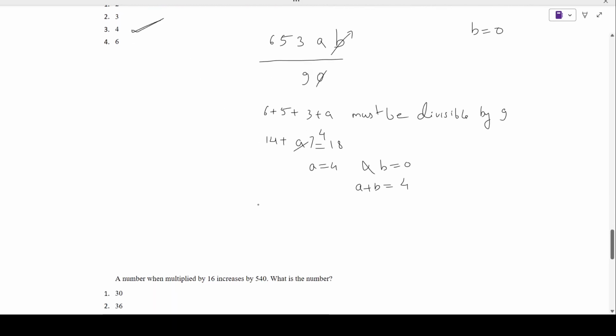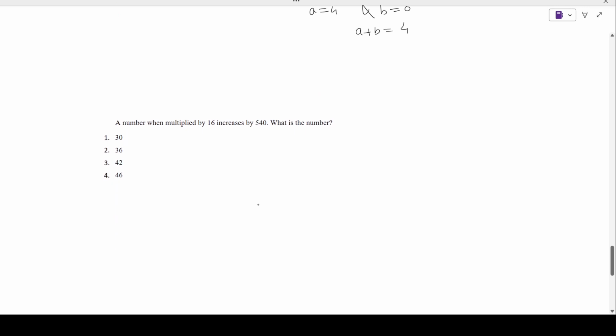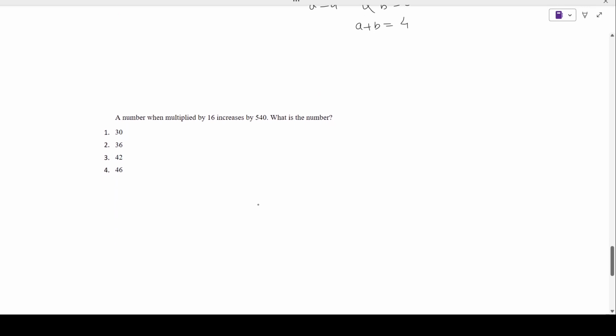Moving on to the next question, we have a number which, when multiplied by 16, increases by 540. Let the number be x. So when the number is multiplied by 16, x is multiplied by 16, and the number x is increased by 540.